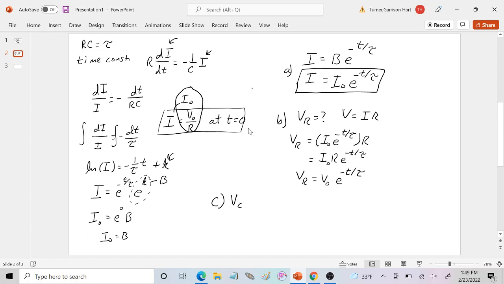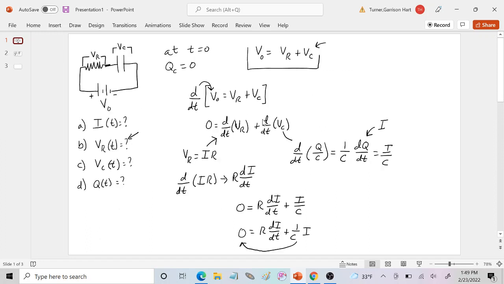What about the potential across the capacitor? Well, the easiest way to get this is to go back to the loop rule and say, well, if the voltage across the resistor and capacitor have to add up to the battery, then it stands to reason that the voltage across the capacitor must be the voltage of the battery minus that of the resistor.